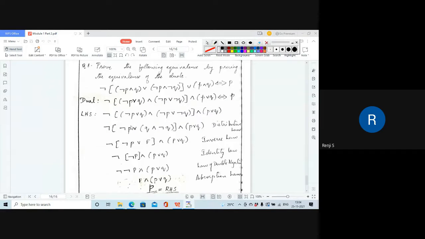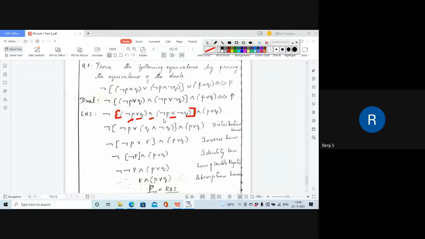So to apply the distributive law, you are going to apply it to this bracket: here you have a disjunction, here you have a disjunction, and in between them we have a conjunction.